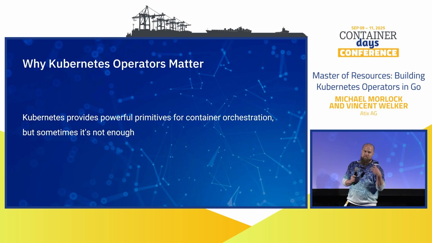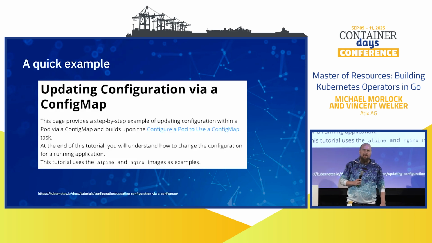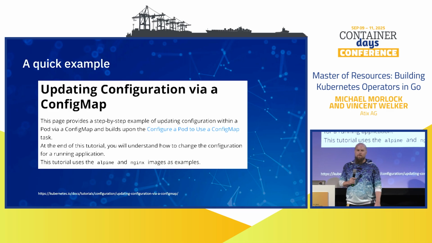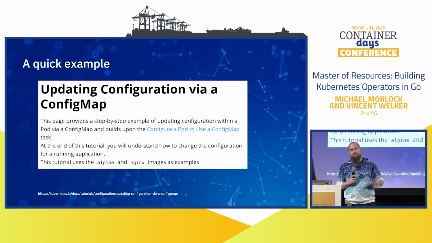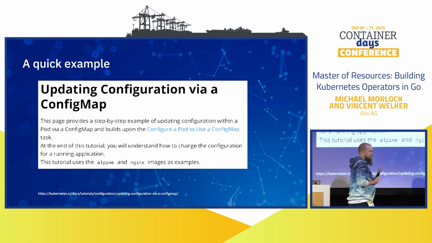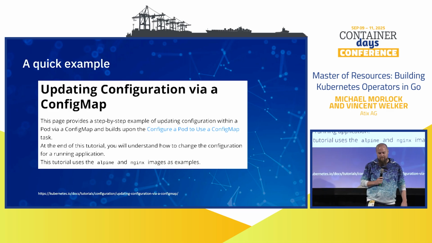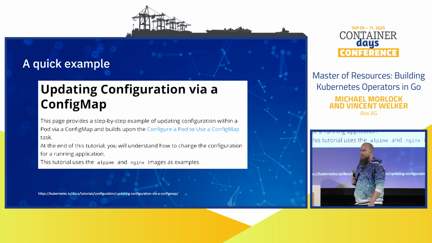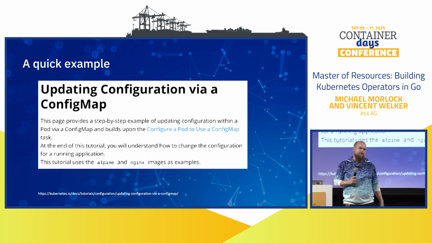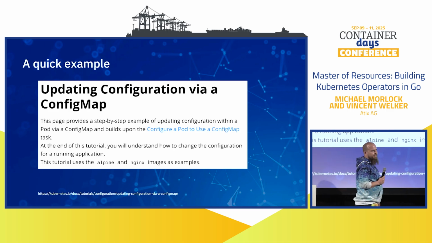To deliver my point, let's get into a quick example. Maybe some of you have been there: a config map has changed, and I just picked a random example from the Kubernetes docs again, and you have an application that has to react in some way to this change. Does it or does it not?